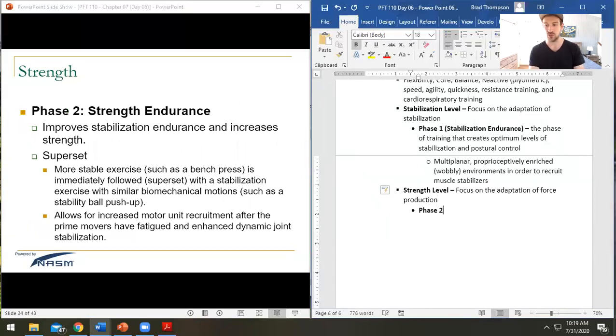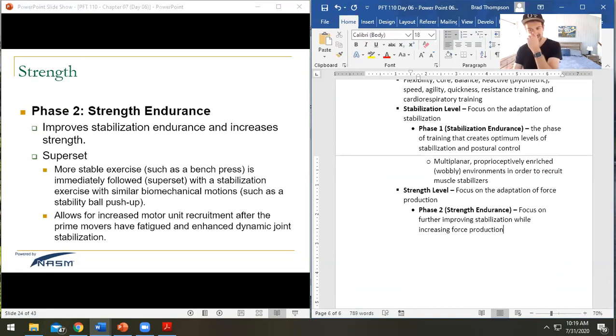We're going to see phase 2, which is strength endurance, right? And that's going to focus on further improving stabilization while increasing force production.